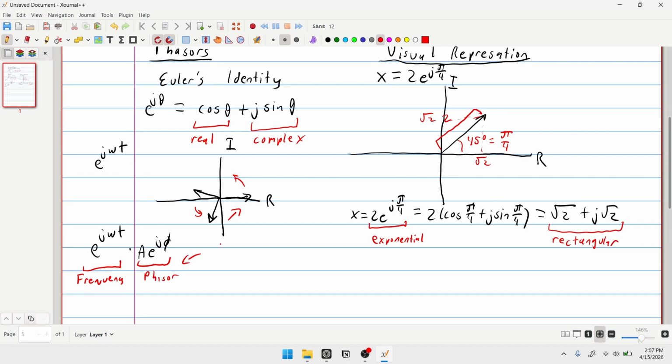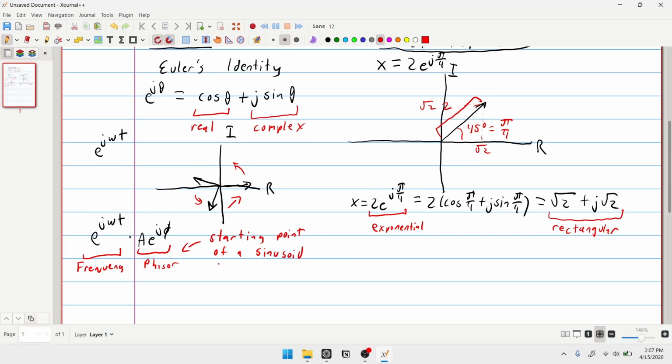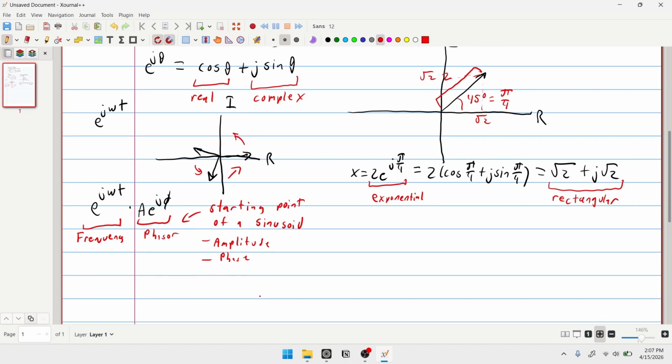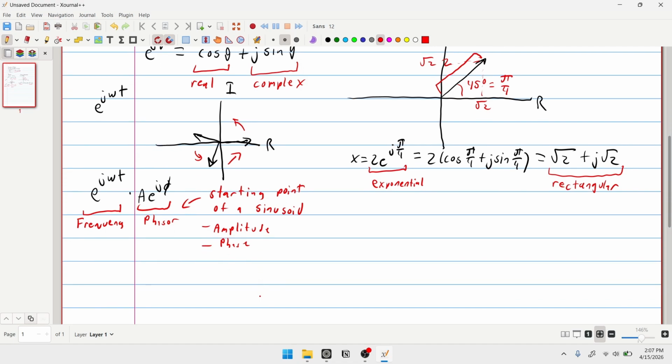You can think of a phasor as the starting point of a sinusoid. It has the info of both amplitude and phase. So if we know the phasor and we know the frequency, we can get the sinusoid that it talks about.